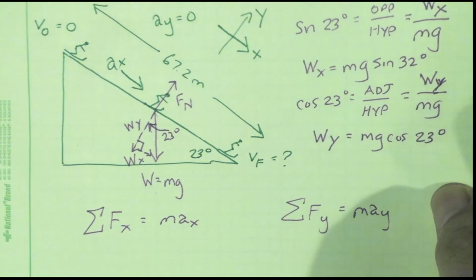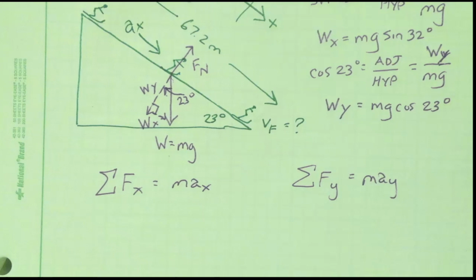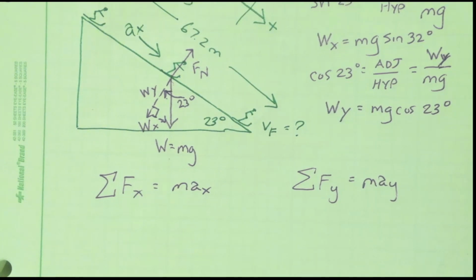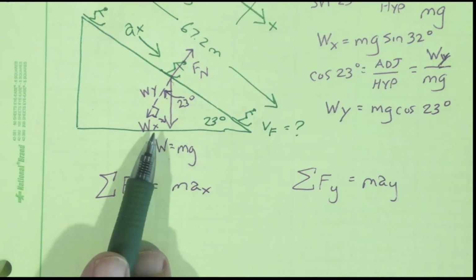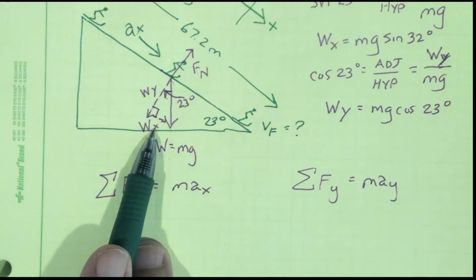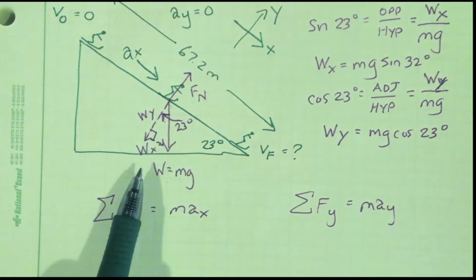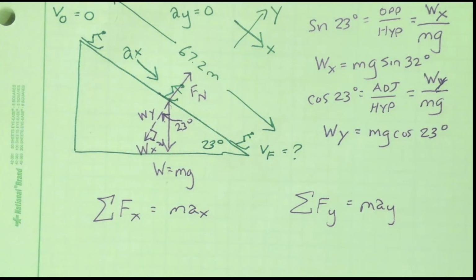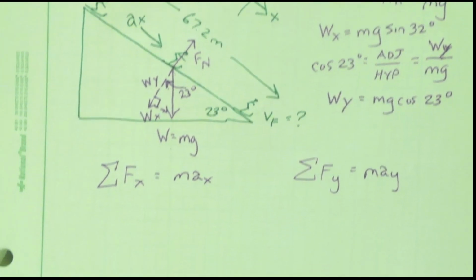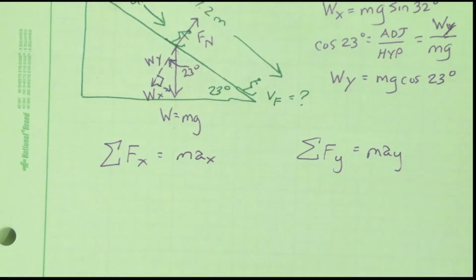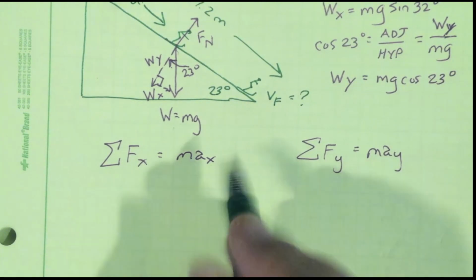So let's look at the x forces, or should I say x force, because there is only one. There is only one force in the x direction, and as usual, when there's only one force, adding them up is rather easy.